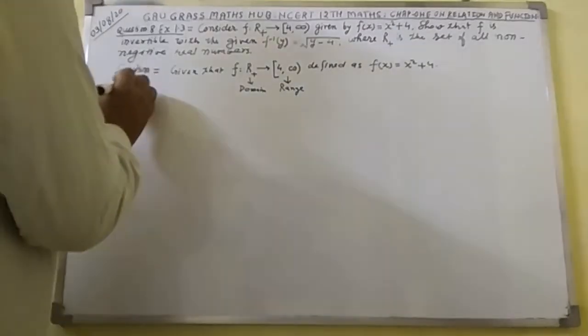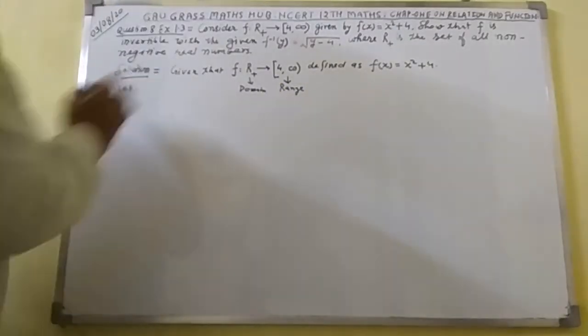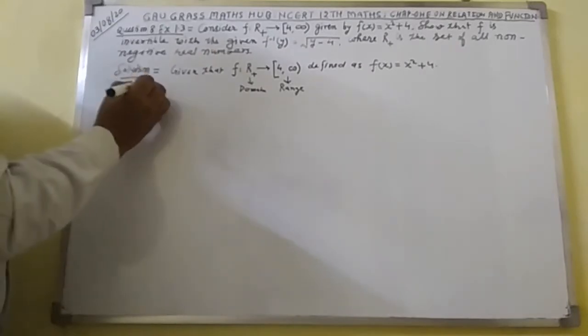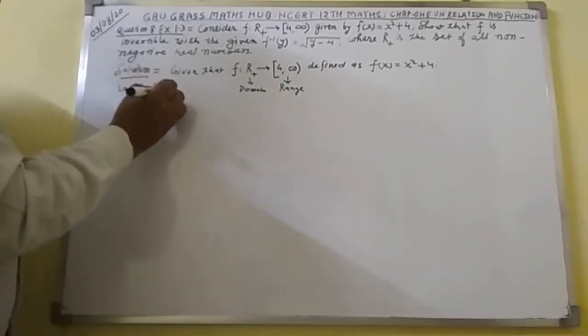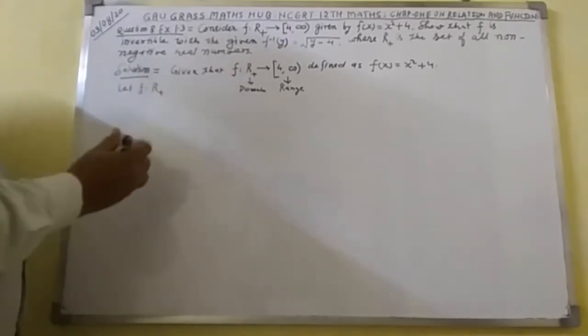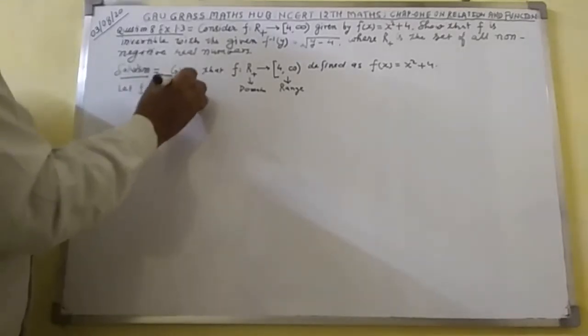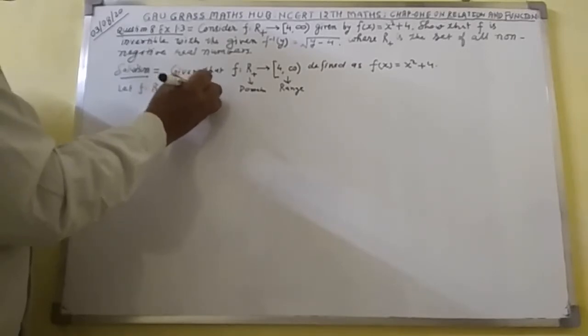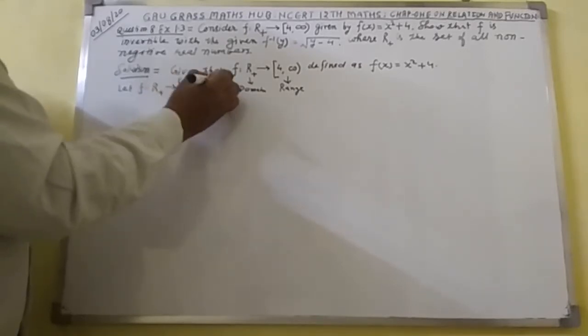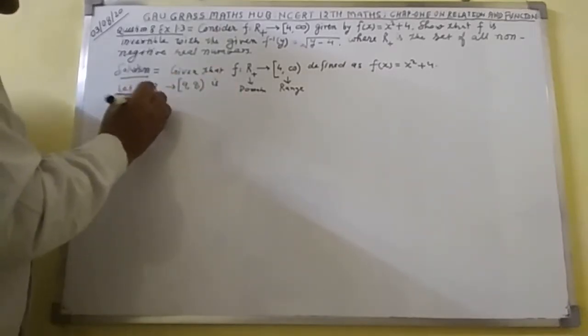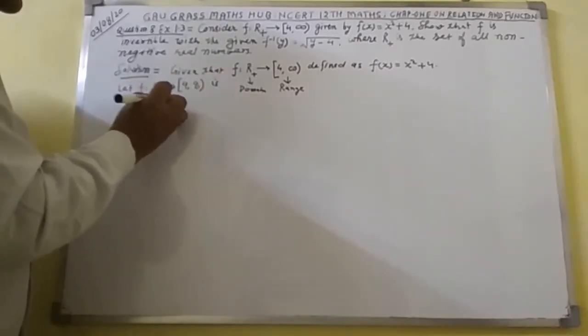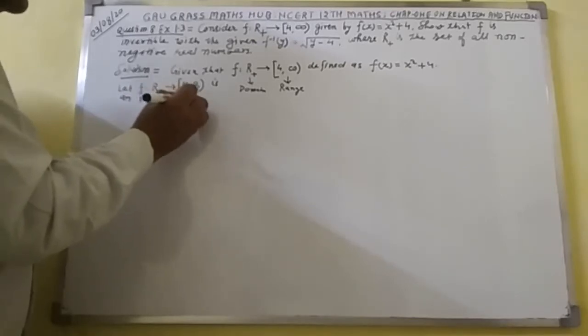So here I shall write: let f from R+ to the closed interval [4, ∞) be an invertible function.